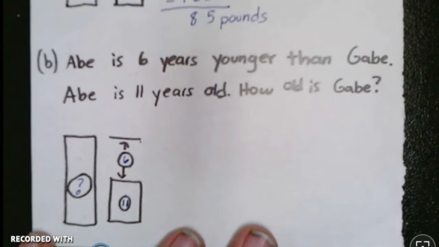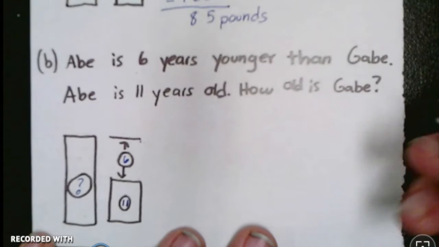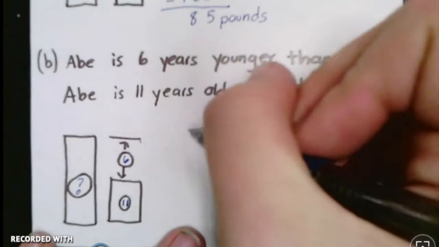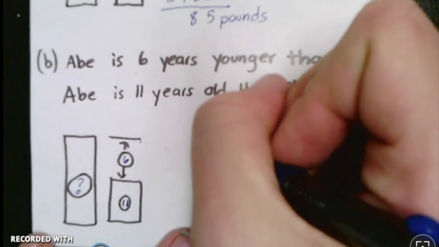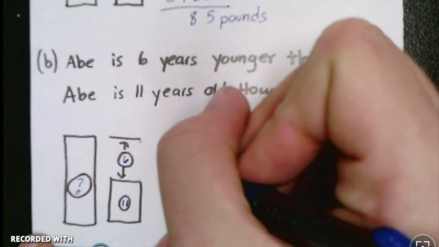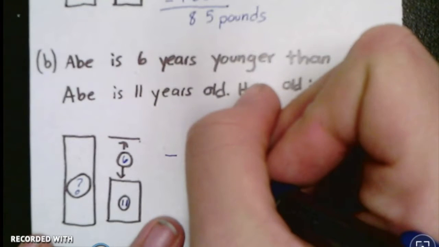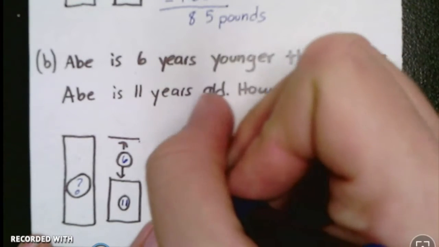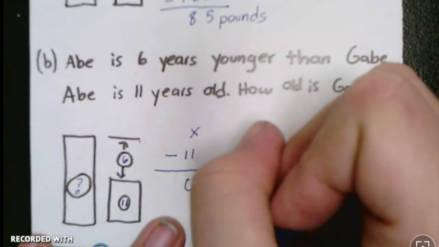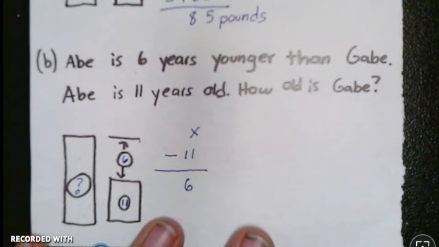So now we're going to plug in the numbers that we know. Remember, it was larger minus smaller equals the difference. So our larger is unknown, x, minus the smaller, which was 11, equals the difference, which was 6.